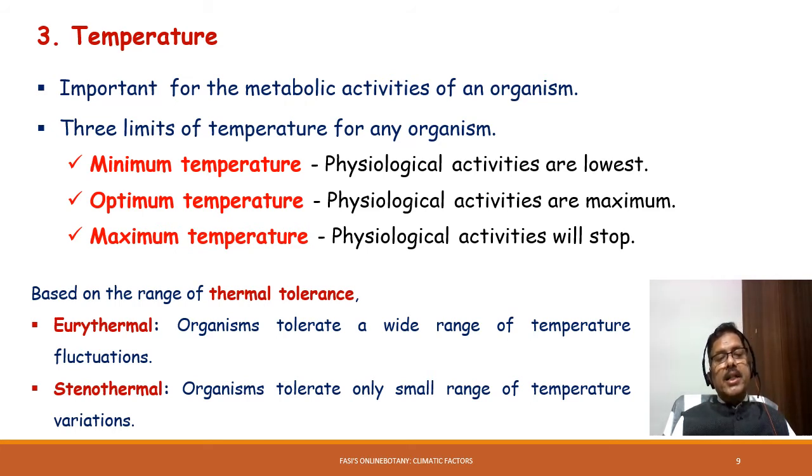Then the second category is stenothermal, organisms which can tolerate only a small range of temperature variations. Example, mango, palm, that is the terrestrial angiosperms. Mango plants do not and cannot grow in temperate countries like Canada and Germany.